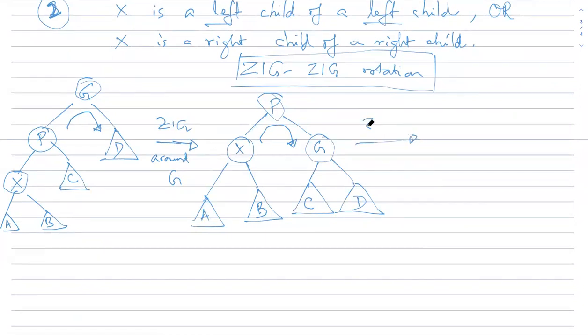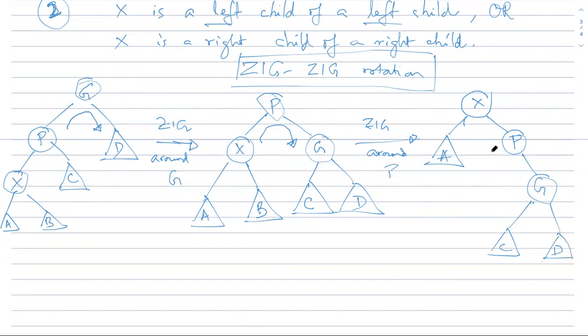So this is also a zig rotation, but zig around the parent P. After you give the zig rotation, X comes to the top and P becomes the right child, and G stays as the right child of P. Then on this side you have the subtree A as the left subtree, and here for G the subtrees C and D are there, and then the right subtree of X becomes the left subtree of P. Again the same order, A, B, C, D, is being maintained, as you can see.